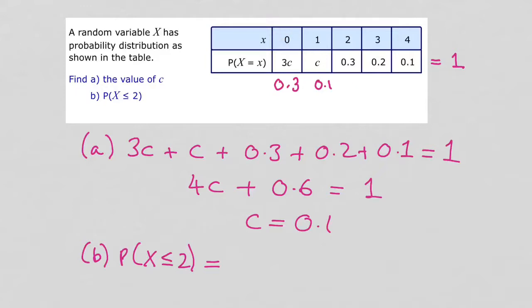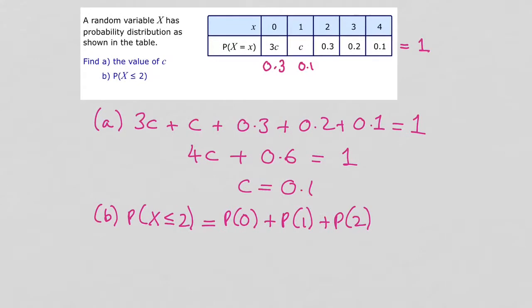So it could be 0, it could be 1, it could be 2. So I would be happy with the probability of 0, 1 and 2. So that is going to be 0.3, 0.1, 0.3, and that all adds up to 0.7.